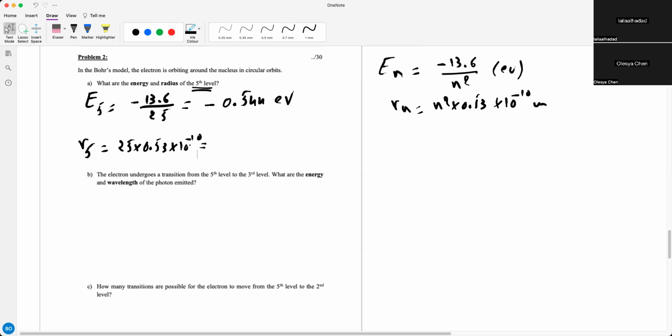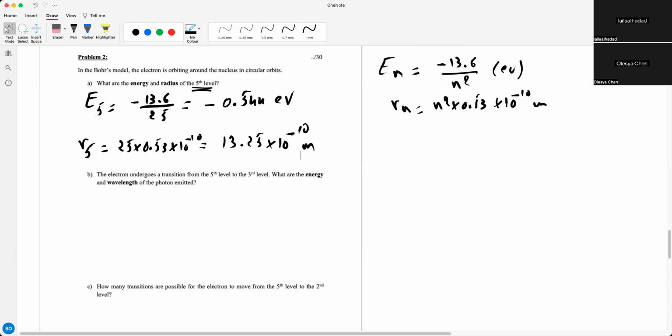So this will give 25 times 0.53. It will give you 13.25 10 to the minus 10 meters. This is the answer. I'm asking about just one level.